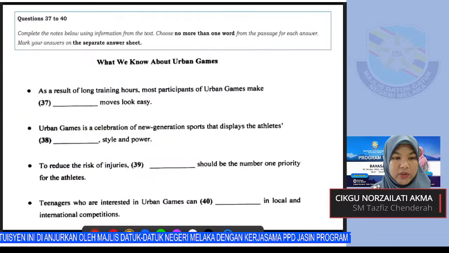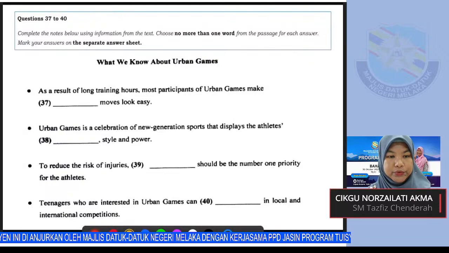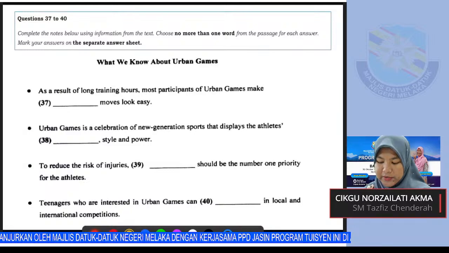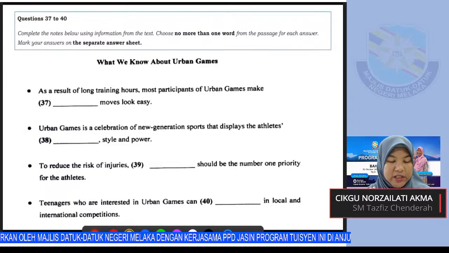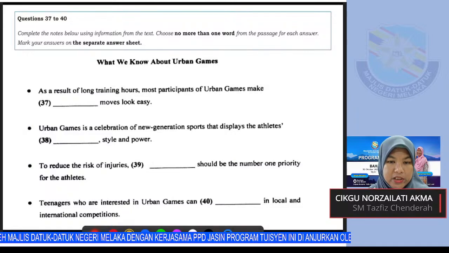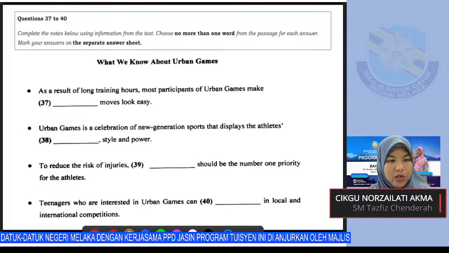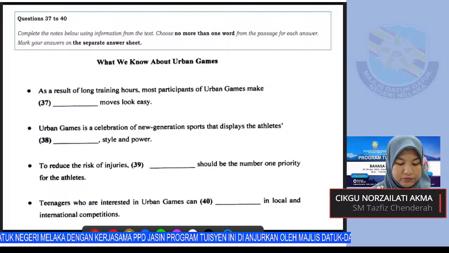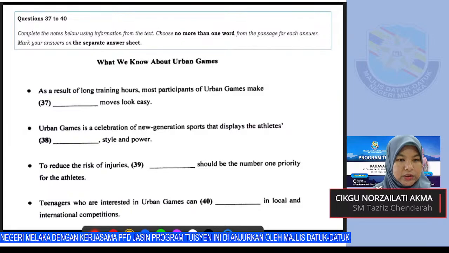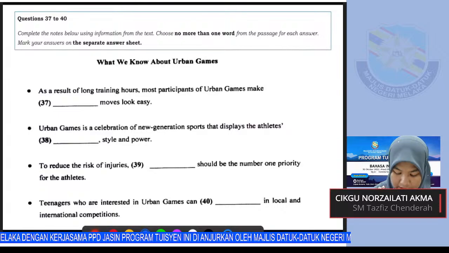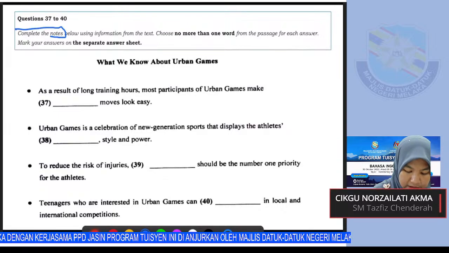Okay, questions 37 to 40. Complete the notes below using information from the text. Choose no more than one word from the passage for each answer. Mark your answer on the separate answer sheet. As I mentioned earlier, you need to complete the note.